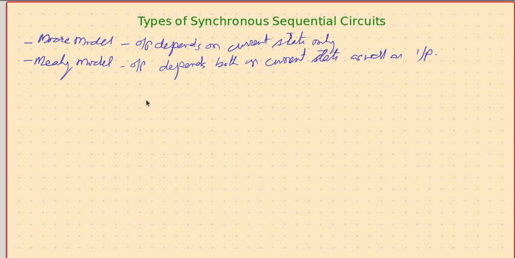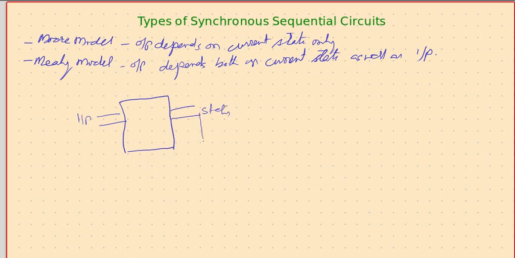So a simple example would be, I can just put that in terms of a block diagram. This is our inputs, these are the states.